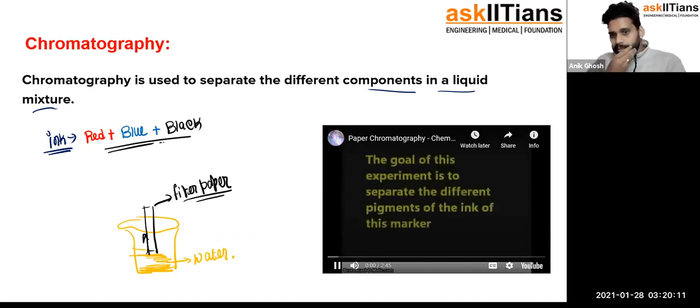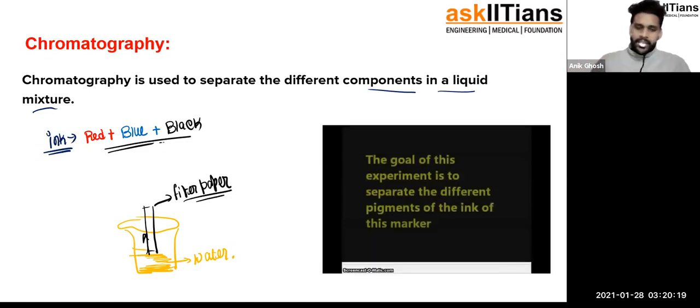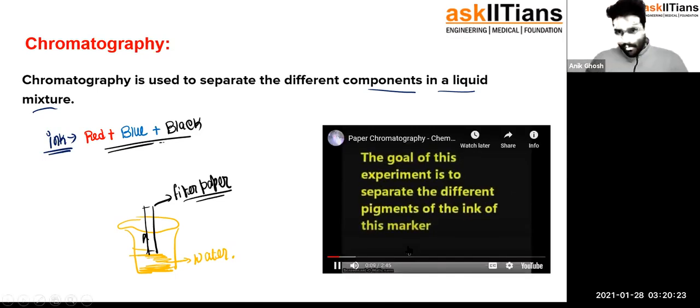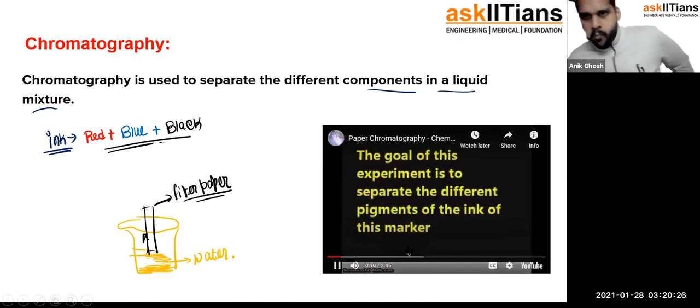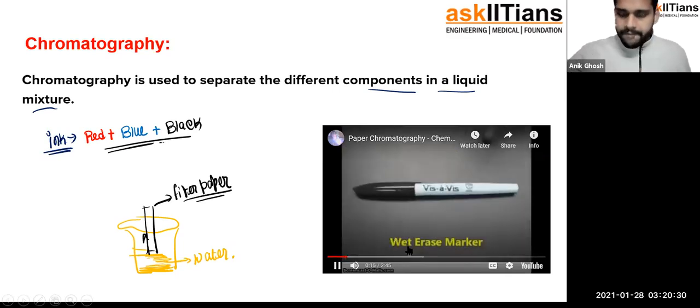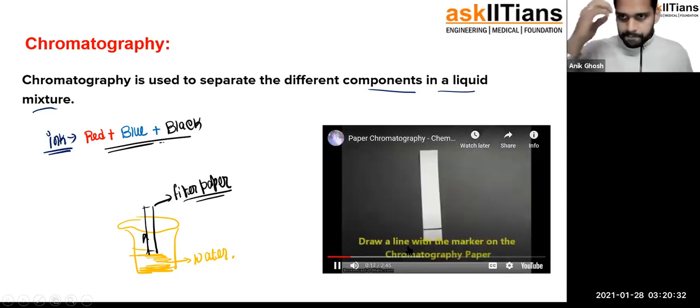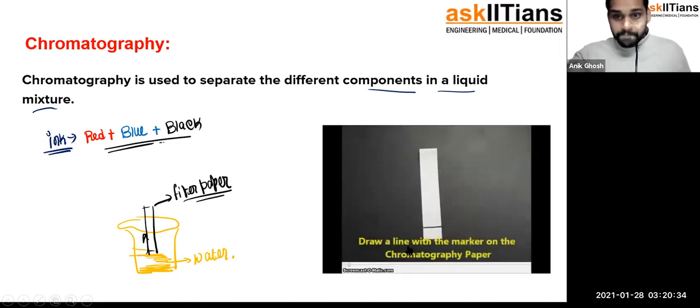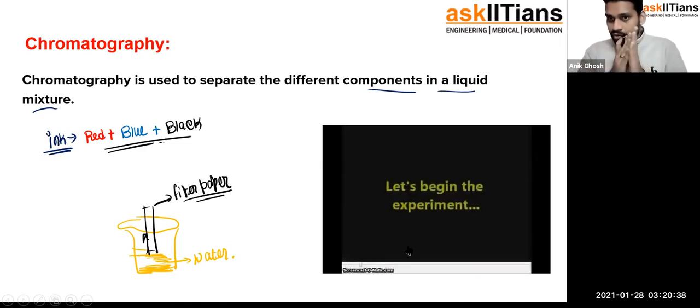The goal of this experiment is to separate out the different pigments of ink of this marker. They are taking a marker, and that is a filter paper where a line is drawn.